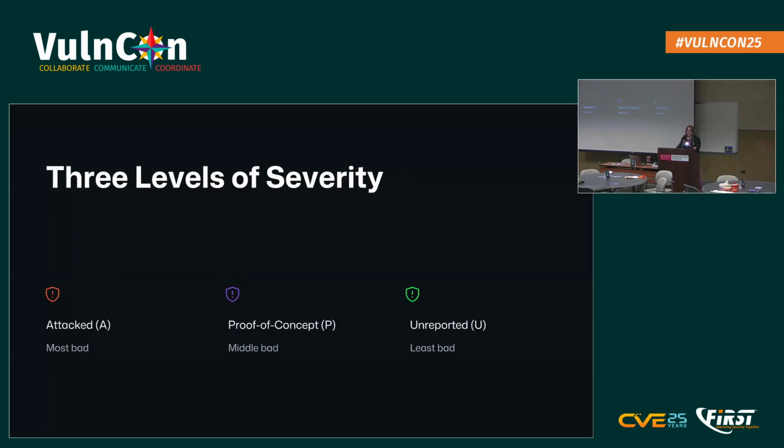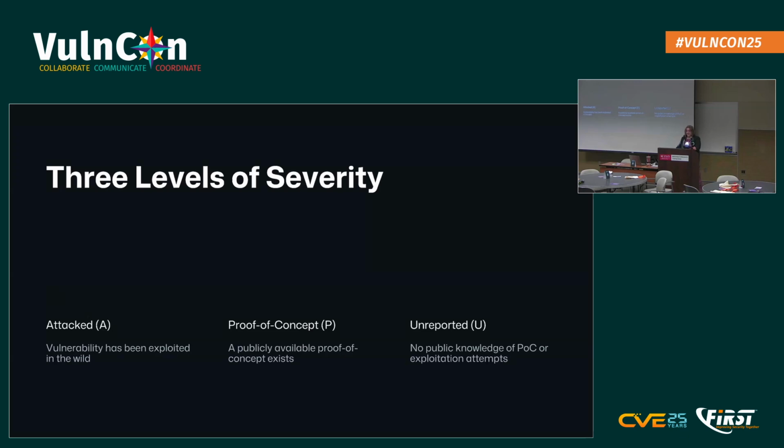Most bad is attacked. Proof of concept is middle bad, kind of sort of bad. And the unreported level is the least bad. In general, you're going to want things to be less bad when possible. We don't always have control over the amount of badness in the world, but in general, we like things to be less bad if possible.